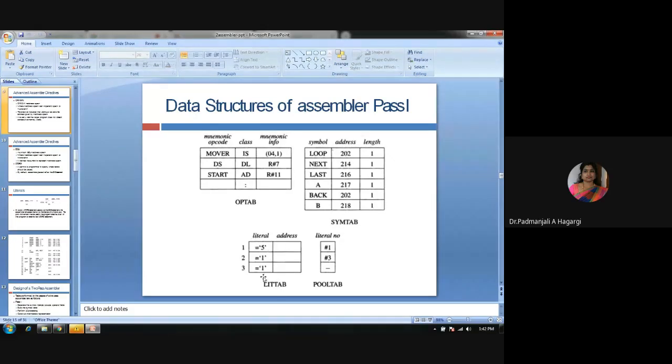So this is how it will be. And how would the pool table be? The pool table will have the number of literals in the program, and whenever it finds the LTORG, it treats that as the next category. So that's what it looks like here.